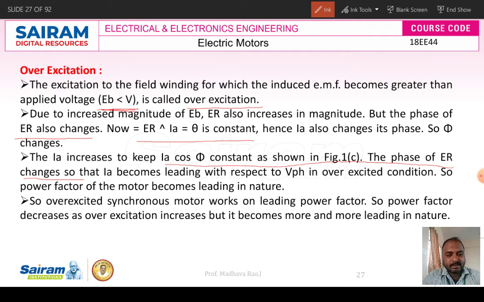In over excitation, synchronous motor works on leading power factor. Since IA leads the supply voltage V, the power factor will also be leading. So, power factor decreases as over excitation increases, but it becomes more and more leading in nature.